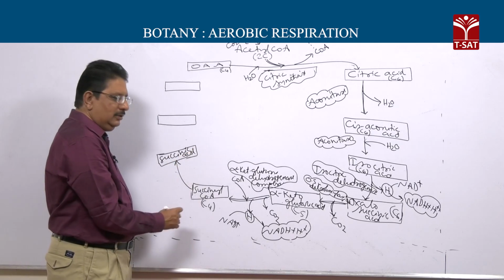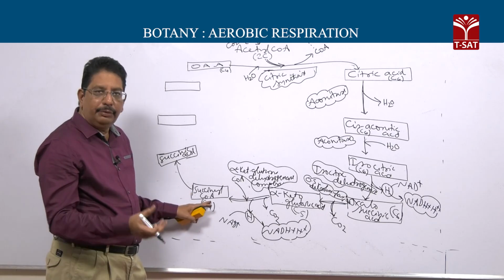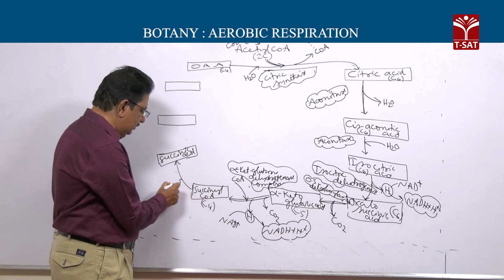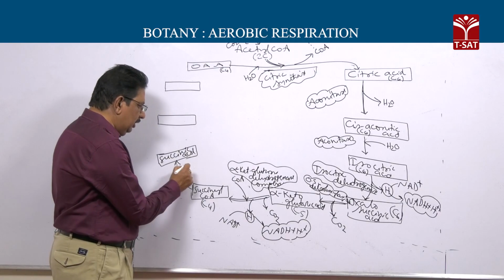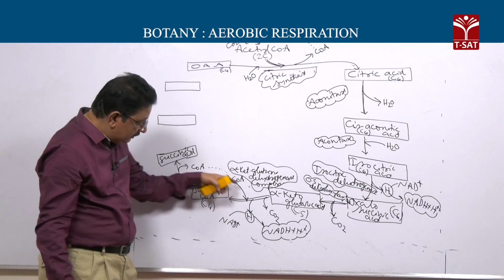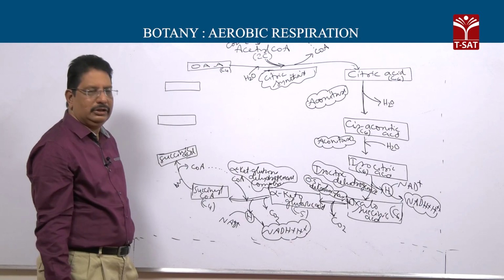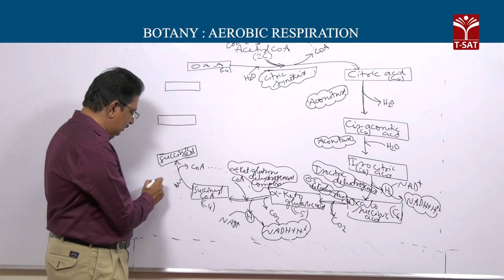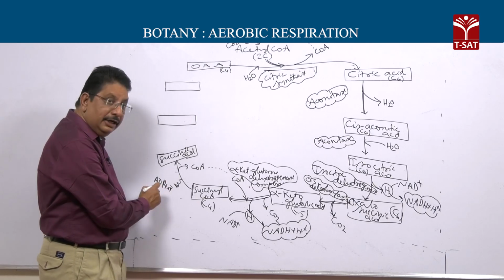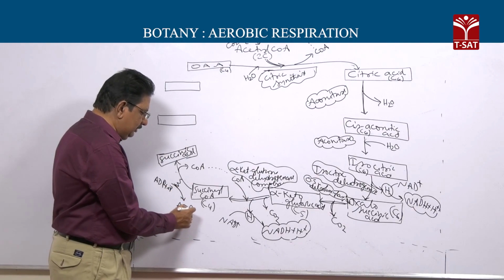Then succinyl coenzyme A converts into succinic acid. During this process, the succinyl coenzyme A undergoes cleavage, that means breaking, and during that bond breaking, some energy is liberated and a coenzyme A is released, which is made available for the next reaction. And the energy liberated during this conversion is involved in the formation of a bond between ADP and inorganic phosphate to form the energy currency.